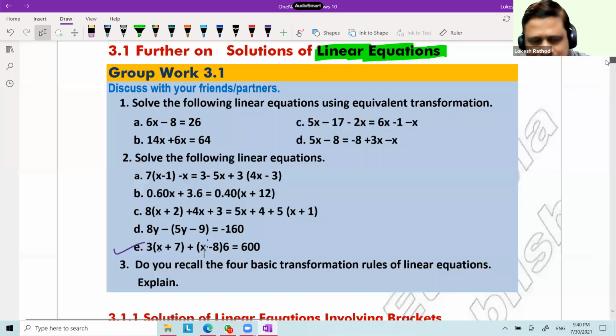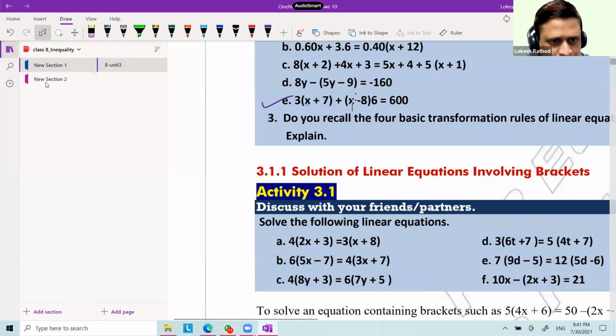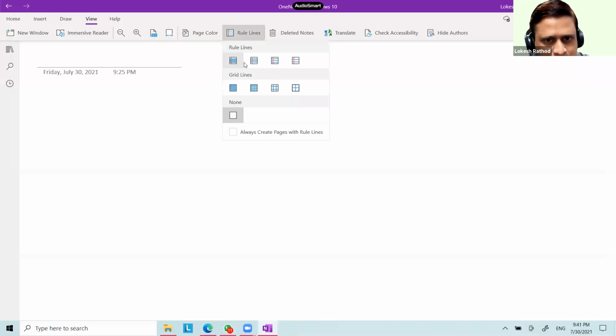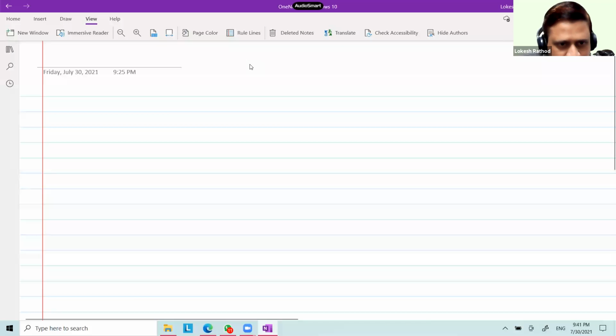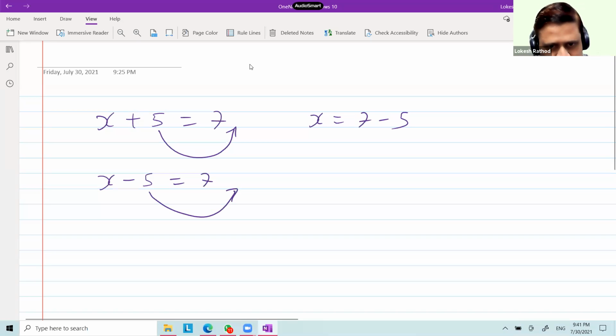Basic rules of equation: if x plus 5 is equal to 7, then 5 goes that side, it becomes minus, so x is equal to 7 minus 5. If x minus 5 equal to 7, minus 5 goes that side, it becomes plus, so x equal to 7 plus 5.